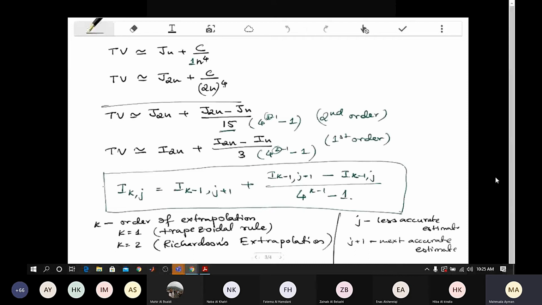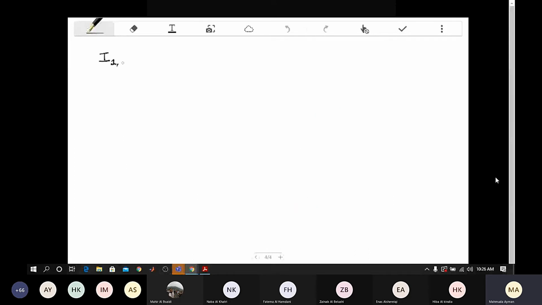Let's say we have some average values that we got using the trapezoidal rule. For the trapezoidal rule, k is equal to 1. So here we have k equal to 1 and the first j is 1, and then it increases down.